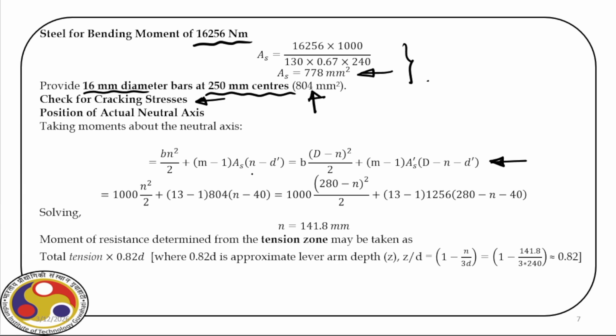And in this expression, we know everything, so we can find out N, which is 141.8 millimeter. So the moment of resistance from the tension zone, we can consider using this expression, where 0.82D is the lever arm, and you can see the evaluation here.